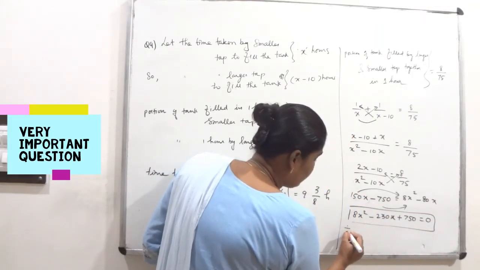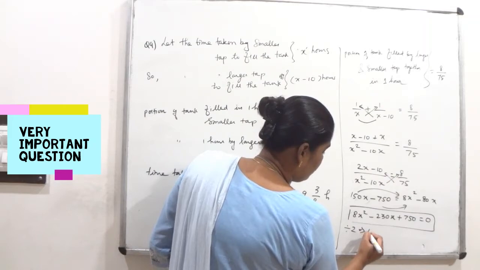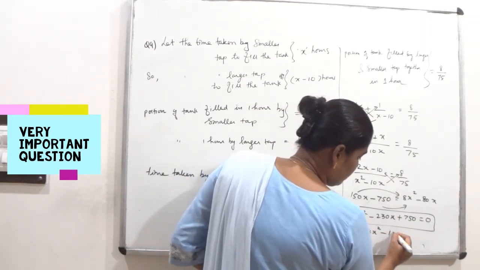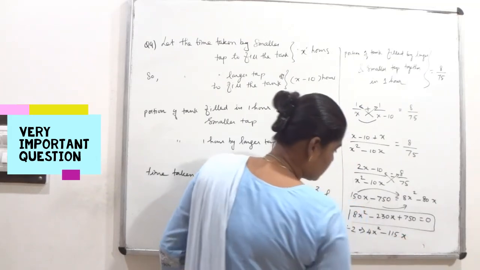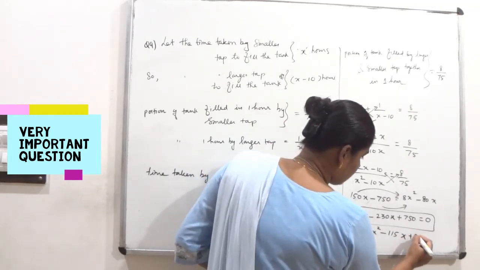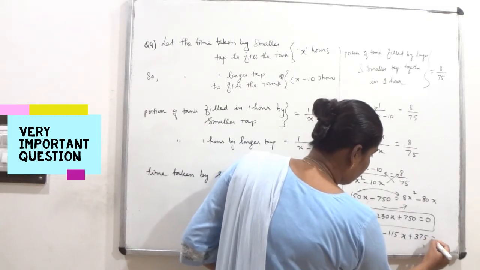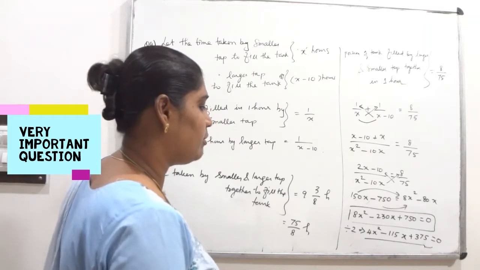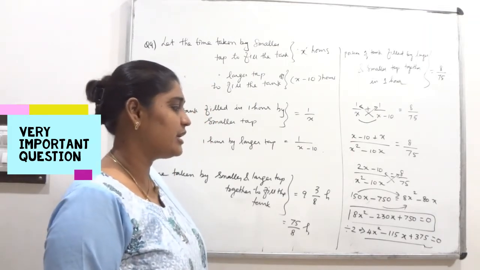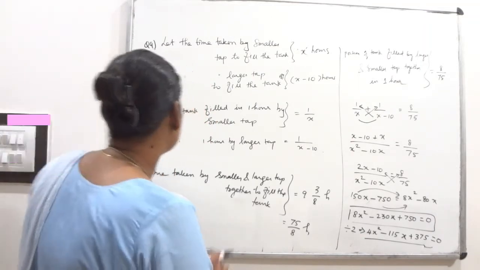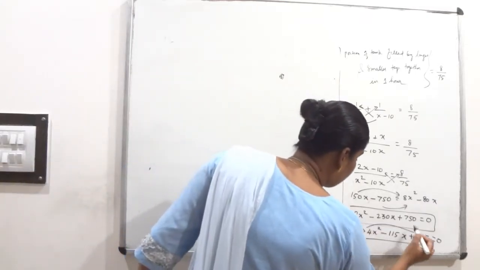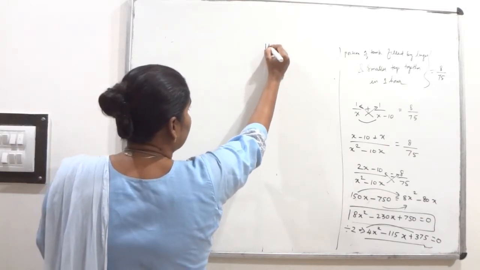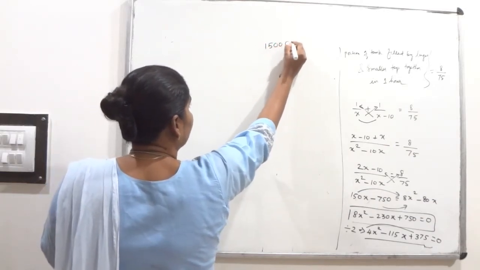This equation is divided by 2, so you will get 4x square minus 115x plus 375 equal to 0. Now I got the quadratic equation: 4x square minus 115x plus 375 is equal to 0. In multiplication what do I need? 4 into 375. In multiplication I need 1500.